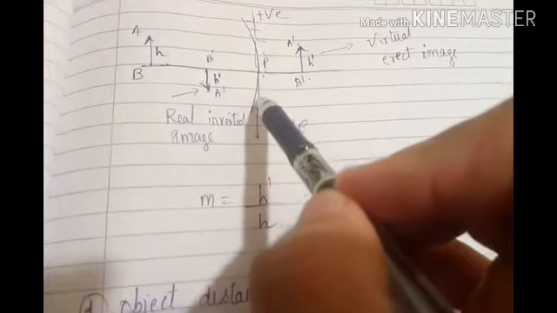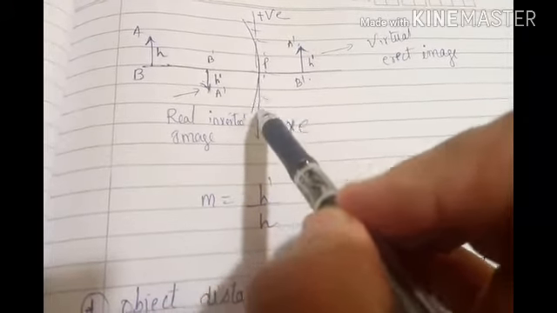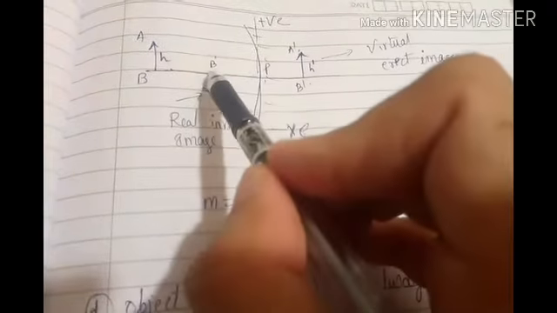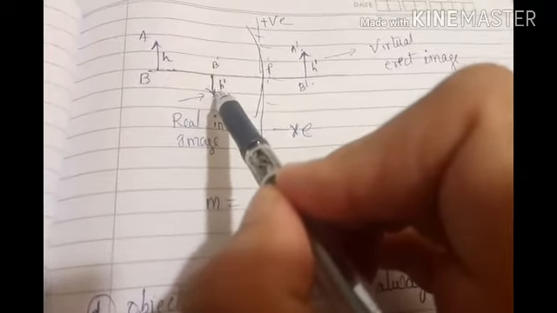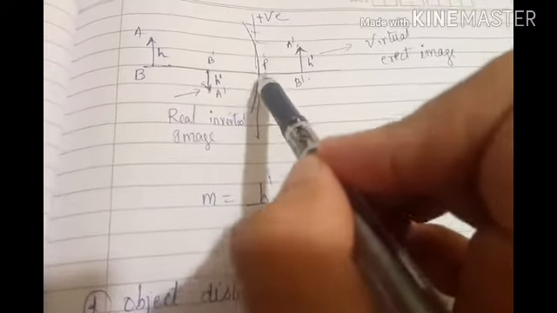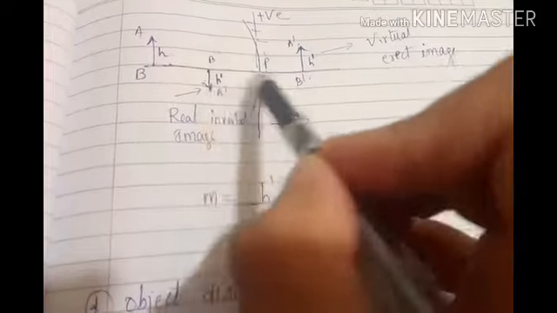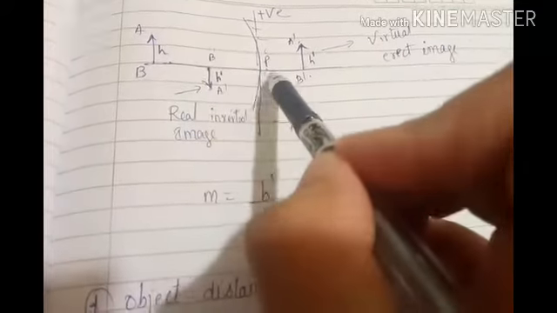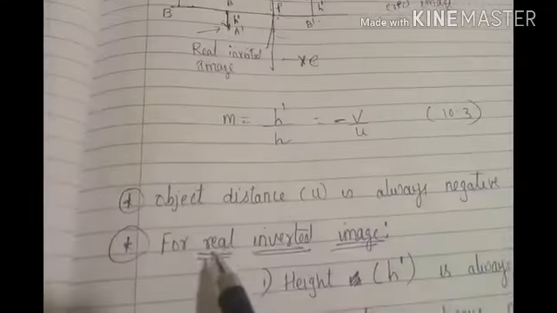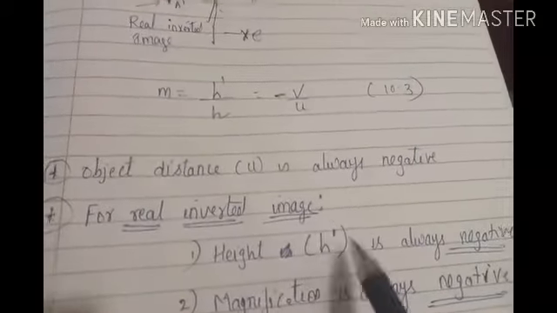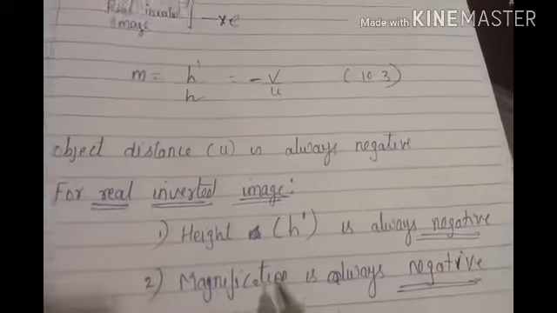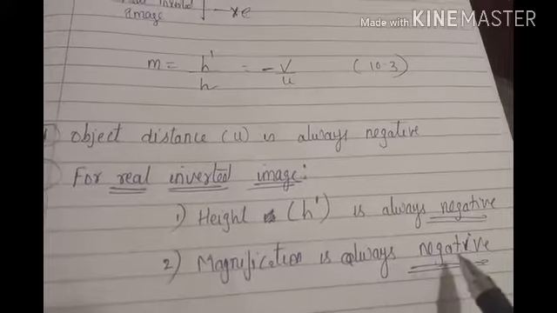You write minus 1, minus 2, minus 3, and above you write 1, 2, 3. Since this is a real inverted image, we measure from here to here, and these are negative distances. So for a real inverted image, height h dash is always negative. Magnification is always negative.